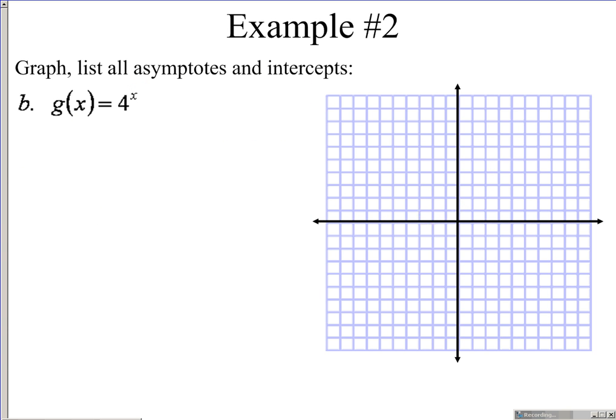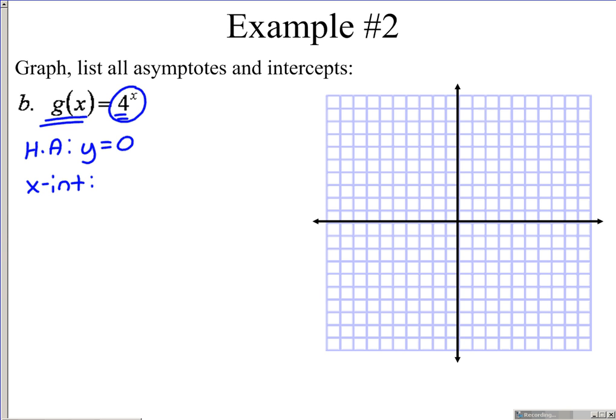Letter B, asymptote line. Any exponential all by itself gets closer and closer to 0. So if this whole thing is getting closer to 0, that means y, or g of x, is getting closer to 0. There's our asymptote. X-intercept, plug in 0 for y, 4 to the x power.